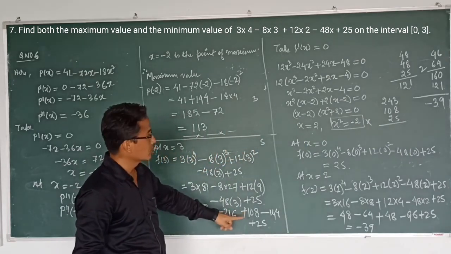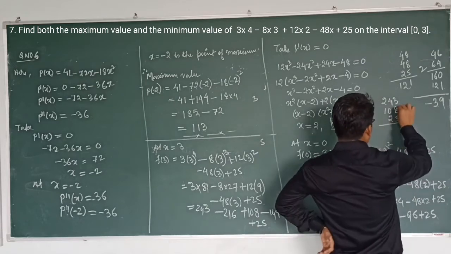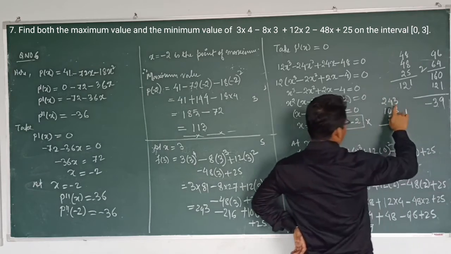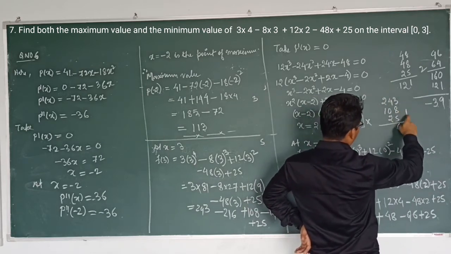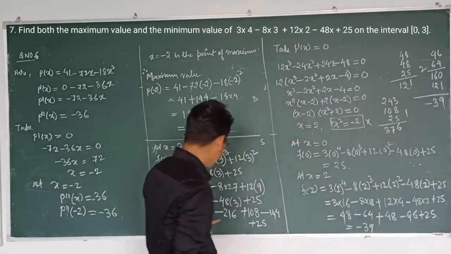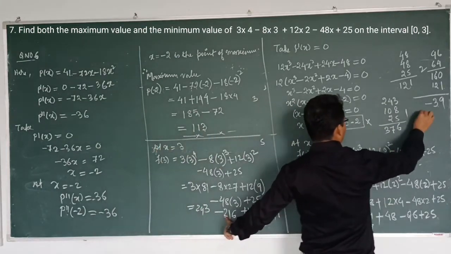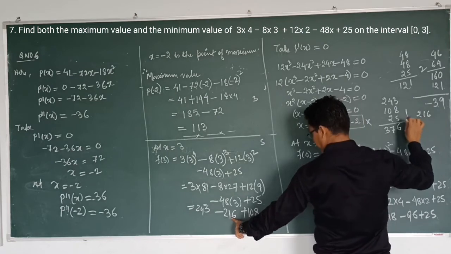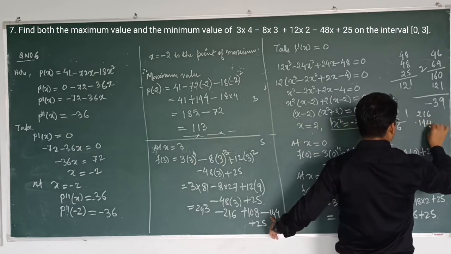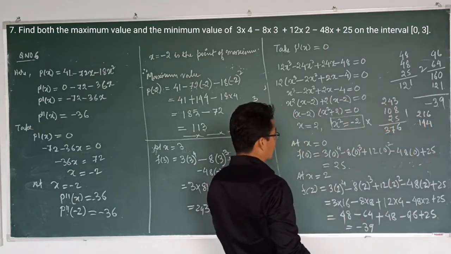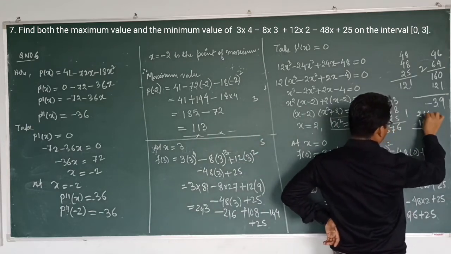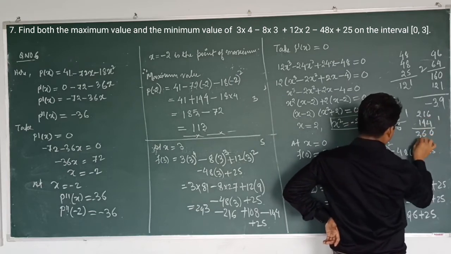243, 108 and 25. So 8 9 10 11 plus 5 is 16, 1 carry over. 8 11 16, 1 carry over, 4 2 6 1 7, 3 1 3, then minus 1, minus 216, then minus 144. Okay, 216 144, then what we will get, then this will become 10, 1 carry over, 4 1 5 1 6 6, this is 3. 360.